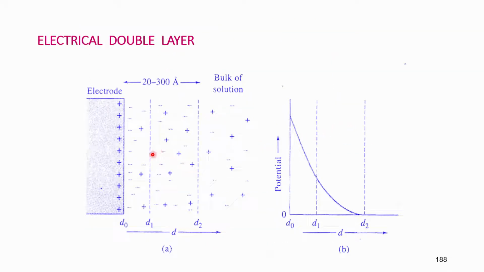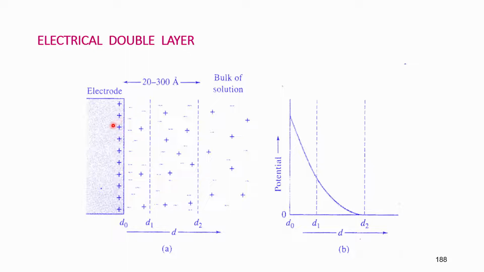Now, look at the figure I am drawing. Here I have an electrode on this side, plus plus plus plus plus. These are all metals, with cations on the outer surface of the metal, and electrons will be hanging around that. That is the Fermi layer.